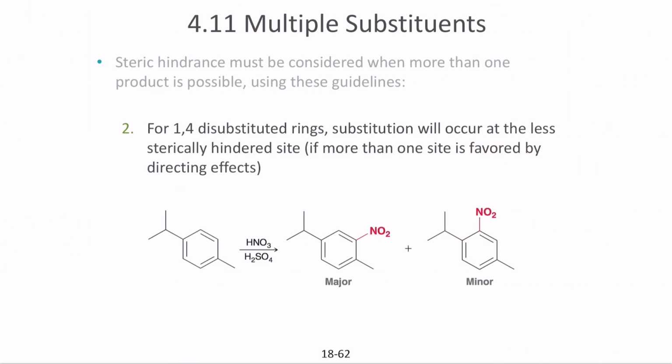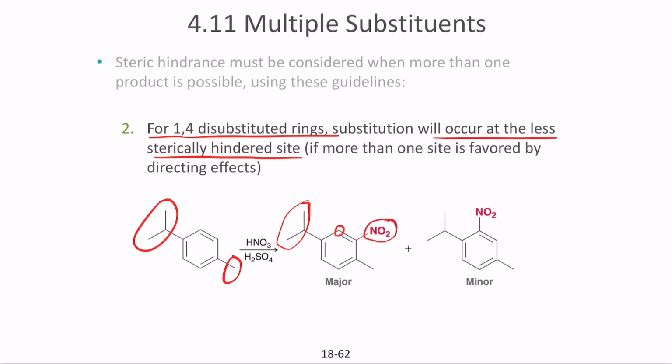Second, if you have a 1,4-disubstituted ring, where the para positions are already filled, then the substitution will occur on the less sterically hindered side. Whichever place is easier for the compound to attach to. Notice that this is a large group, so rather than attaching to this ortho position, the nitro will attach to this other ortho position.